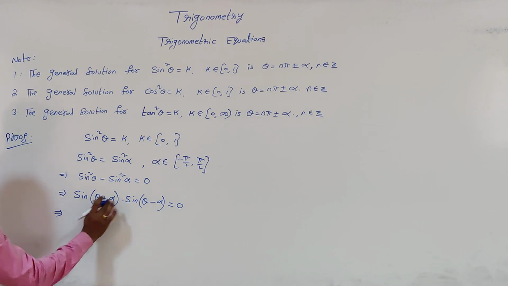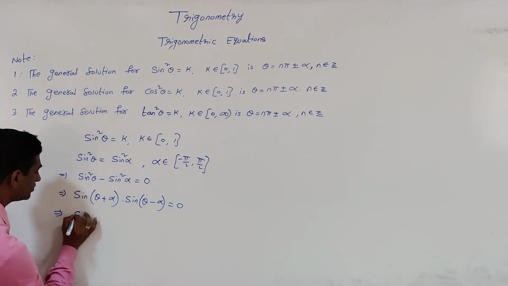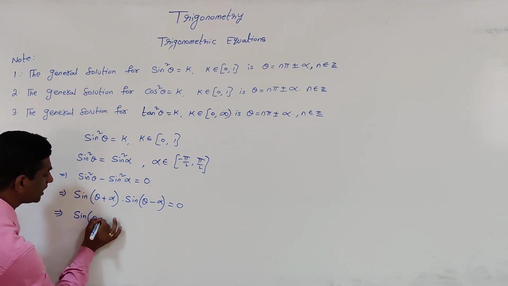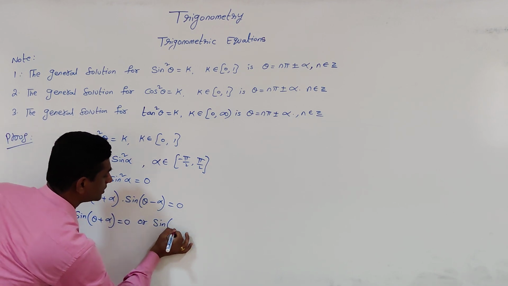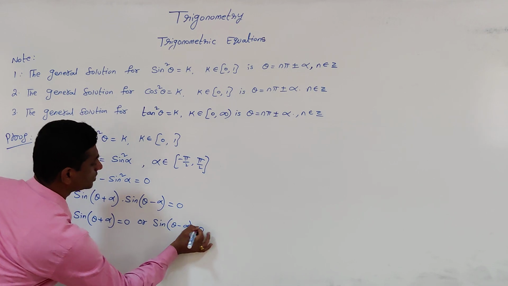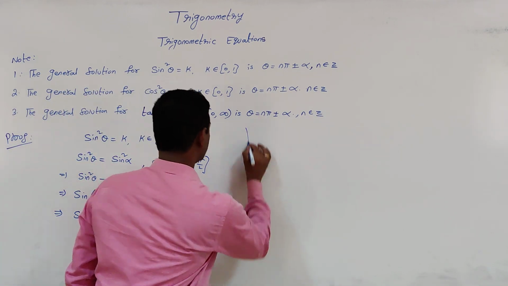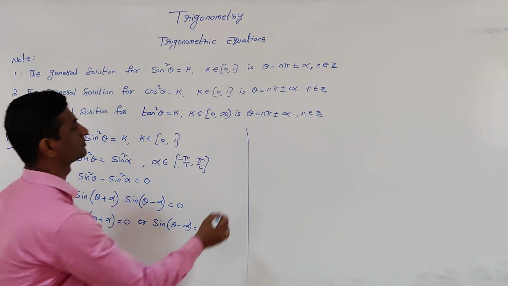Product of two terms is 0, so we can have sin of theta plus alpha is equal to 0, or sin of theta minus alpha is equal to 0. So we'll see case 1.